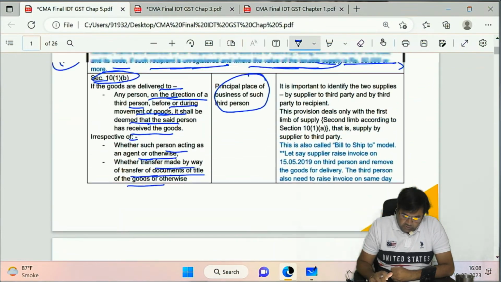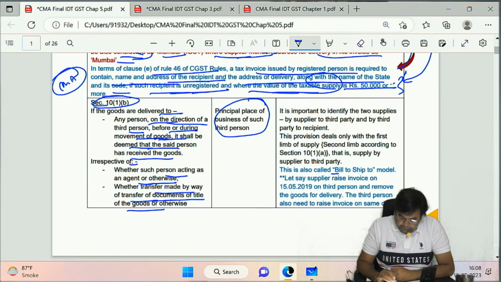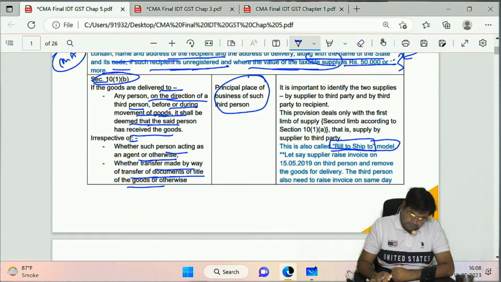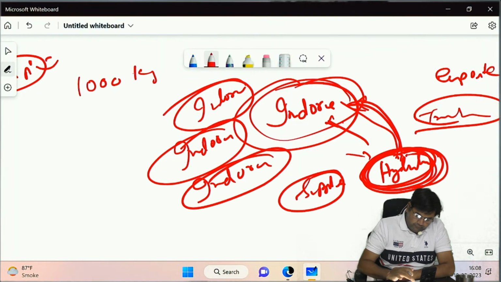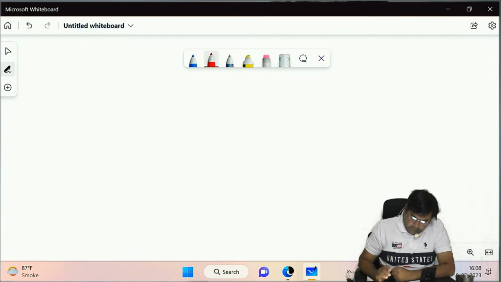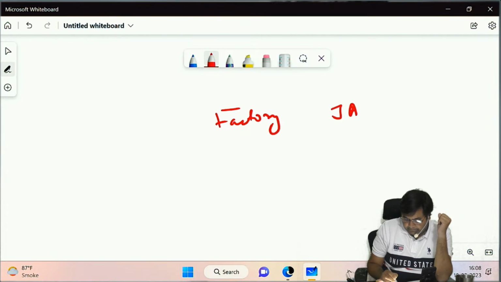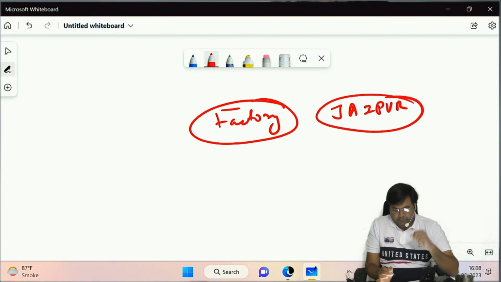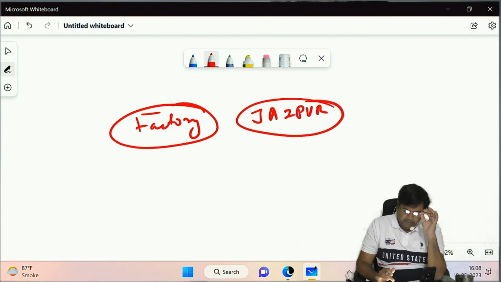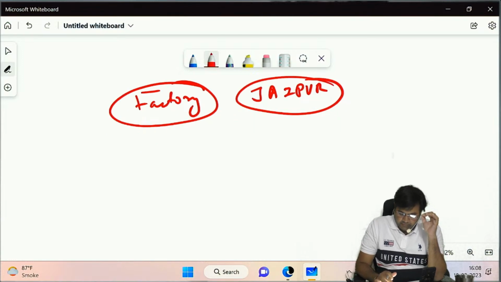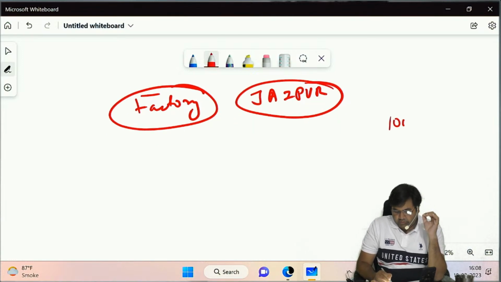So let me take an example and then explain it, otherwise you are not going to get it. This model is called the bill to ship to model. So my factory is in Jaipur. For this factory in Jaipur, I need 1000 kg of ABC item.